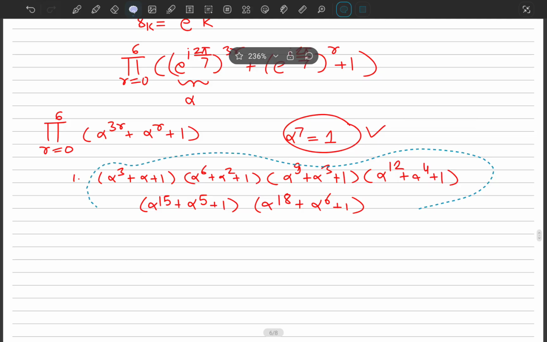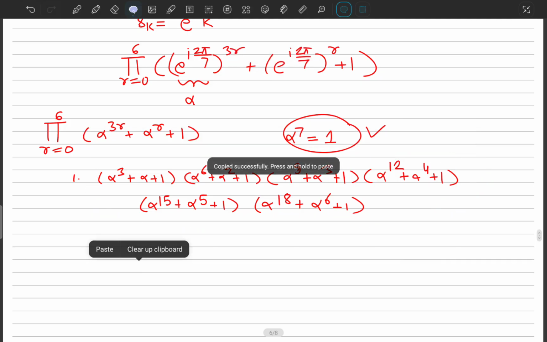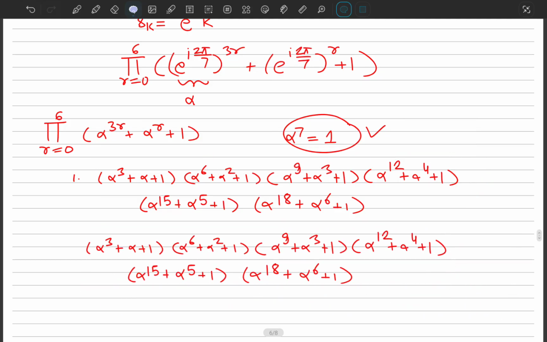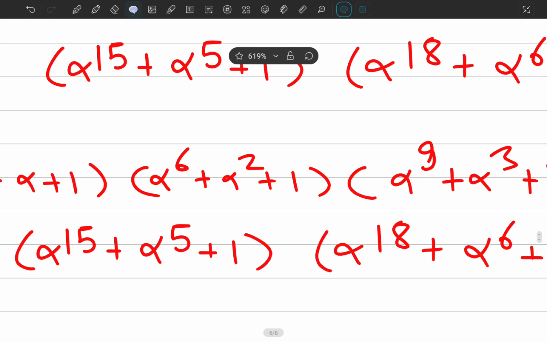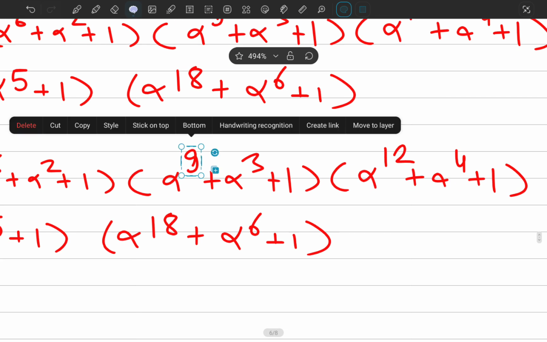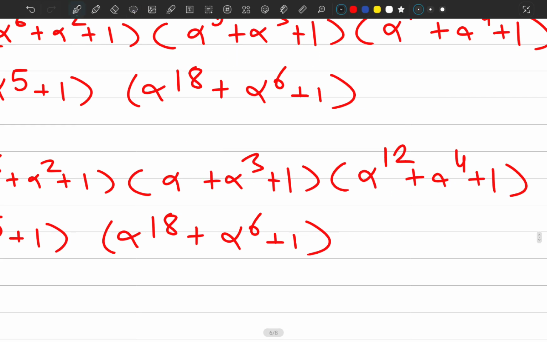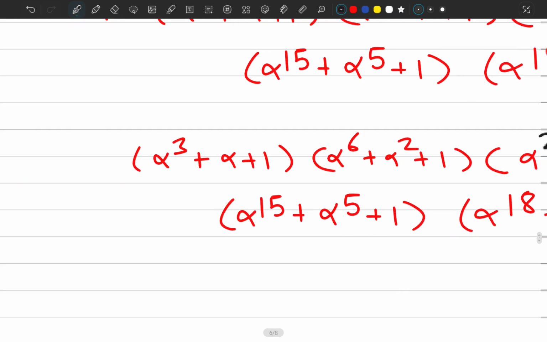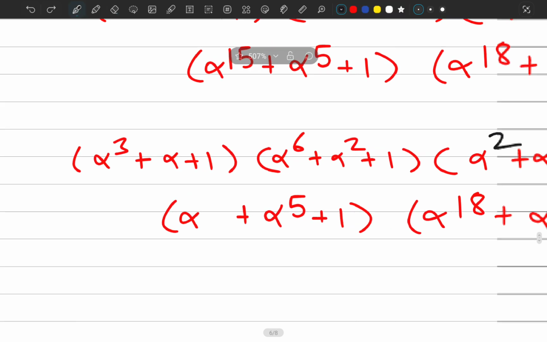I'm just going to copy this whole section here. Let us see. We can write it as 2. We can write it as 5, and we can write it as just alpha.